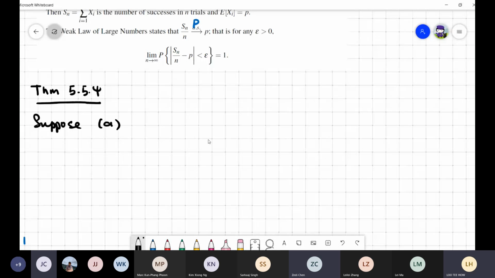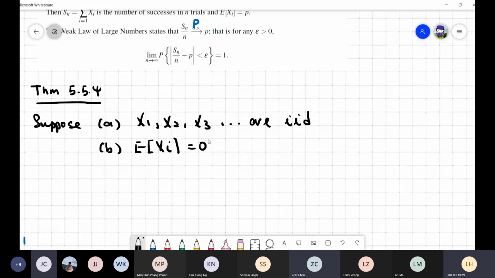Again, suppose we have X1, X2, X3, all these are IID, and also we assume E of Xi is equal to 0. Again, this one isn't really important. Then we can have this.